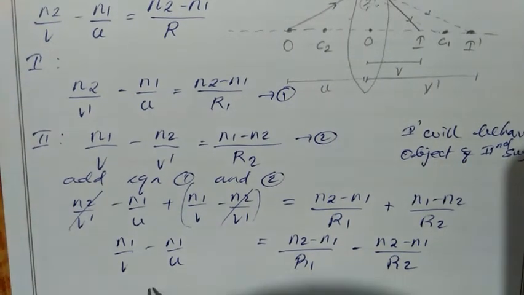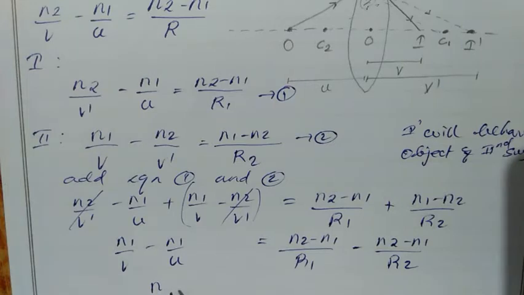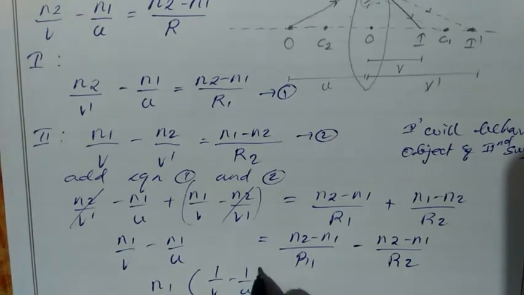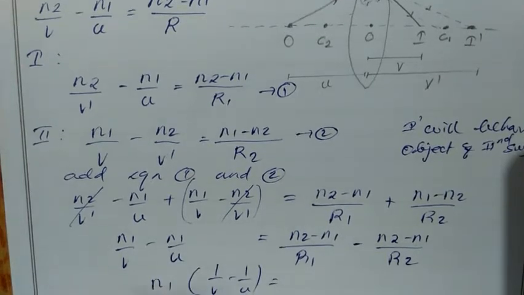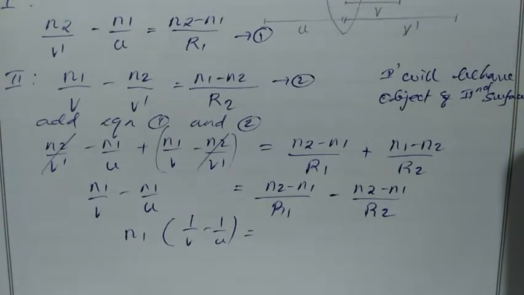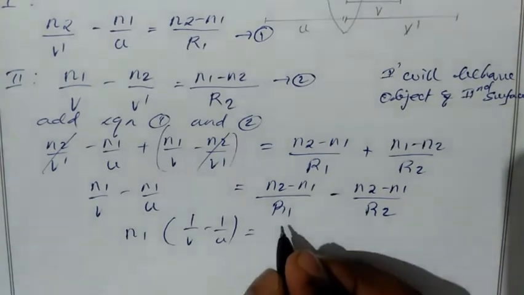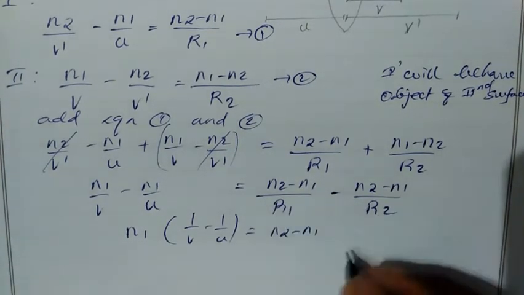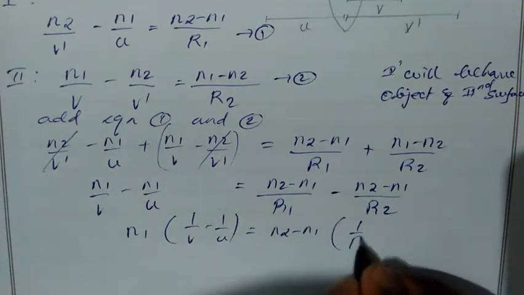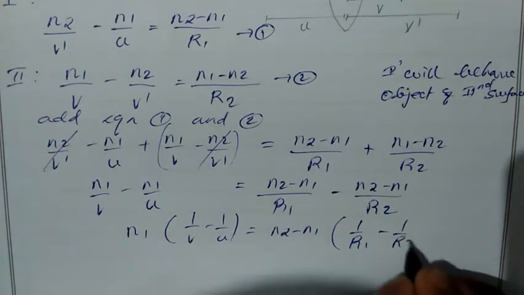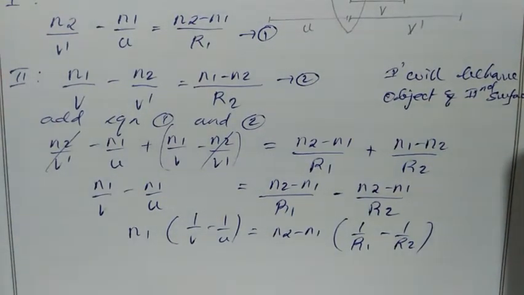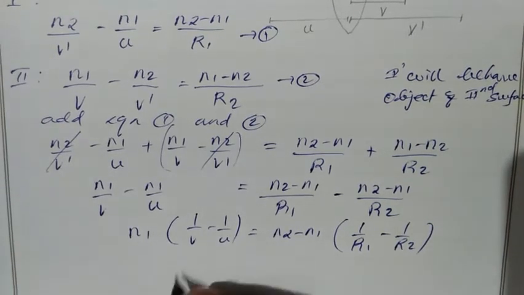So then we have n1 times 1 by v minus 1 by u. I take n1 common, 1 by v minus 1 by u. Then here we take n2 minus n1 common, n2 minus n1, times 1 by r1 minus 1 by r2. Okay. Now take this n1 to the right hand side.